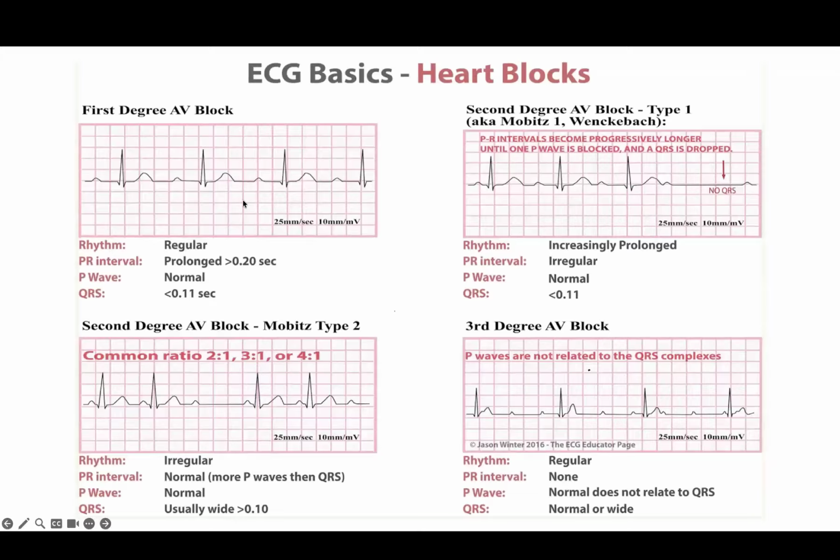You have three types: first degree, second degree type 1 and type 2, and third degree. Not going into the depth of it, as most of you are aware of the types of heart blocks. Usually second degree Mobitz type 2 and third degree block are the ones which will be commonly kept in the exams. Please don't make mistakes in those.